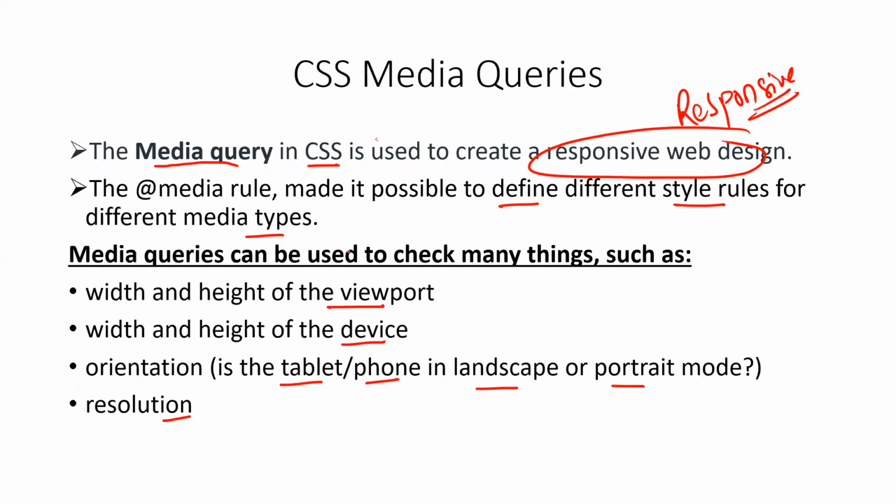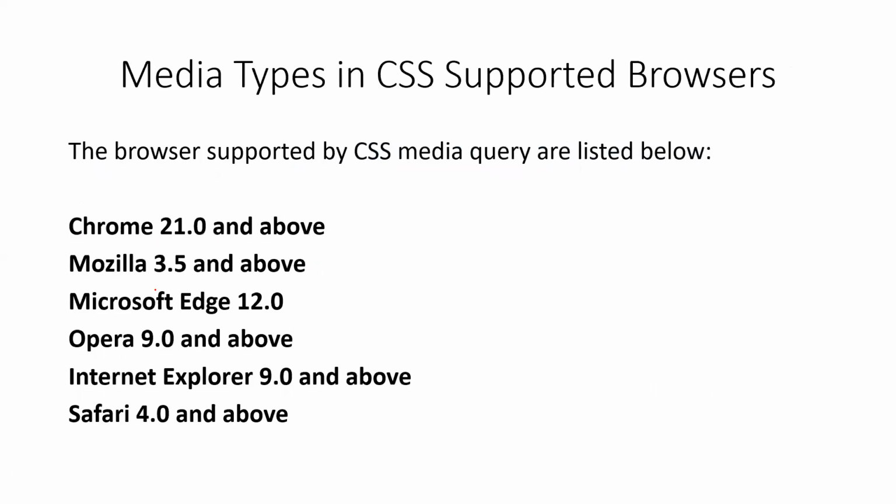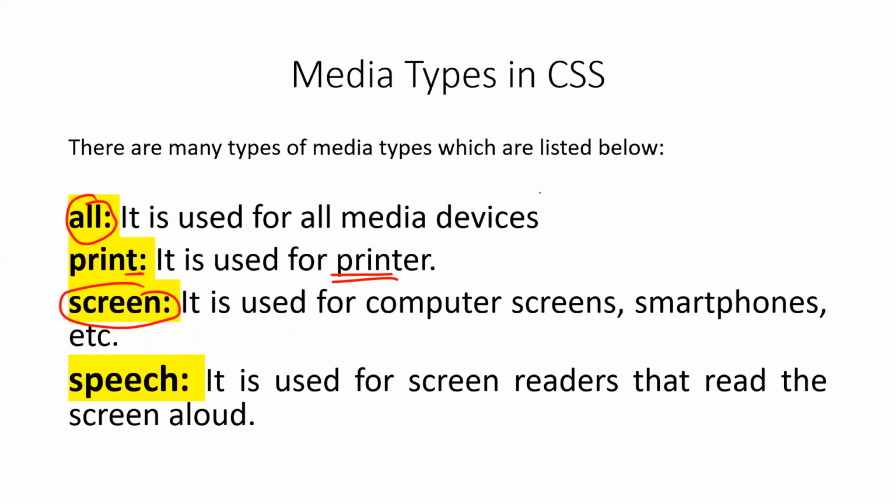If we use print, then it is going to be used for printers only. If we use screen, it means that it is going to work on different computer screens, smartphones, and different electronic gadgets. And if I use speech, then it is going to be used for speech screen readers that read the screen aloud.